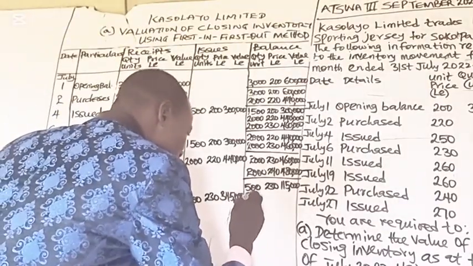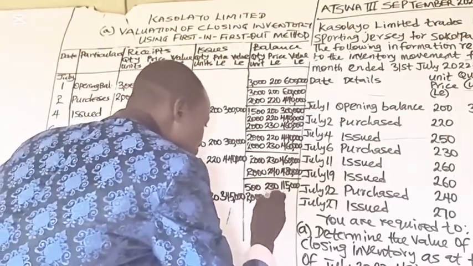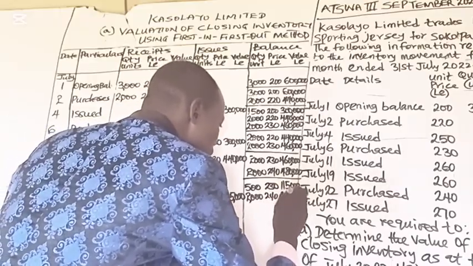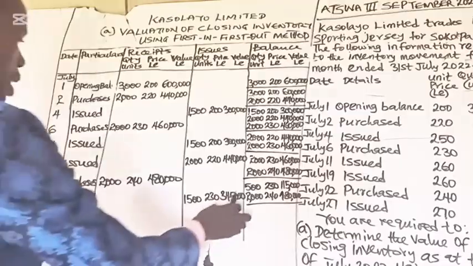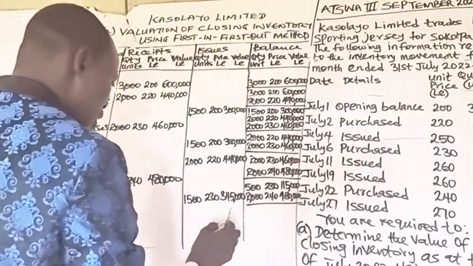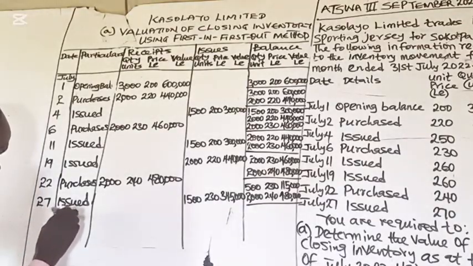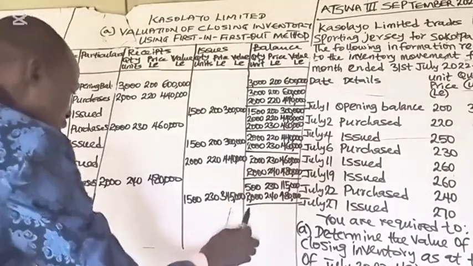You have 2,000 at the price of 240, and the value of that is 480,000. Then the closing inventory now: 500 plus 2,000. The closing inventory is 2,500 units.